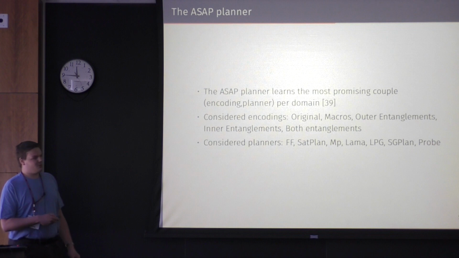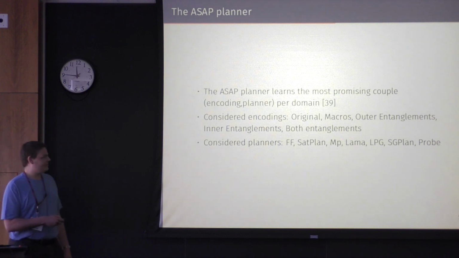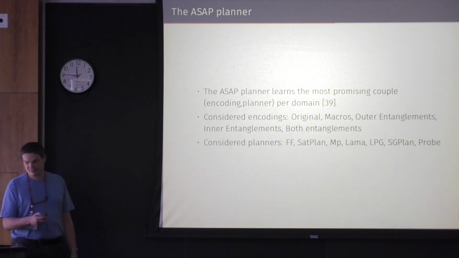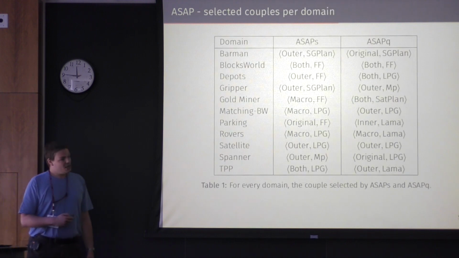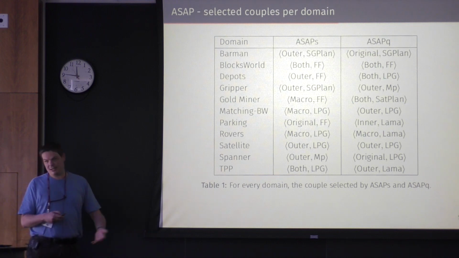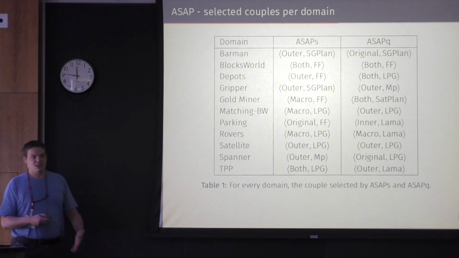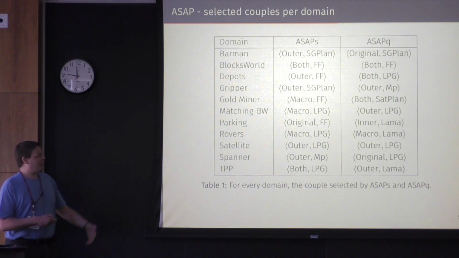We have the original domain model, we consider macro operators, outer entanglements, inner entanglements, and both together, and we considered state-of-the-art planners like FF, Satplan, MP, LAMA, LPG, SGPlan, and Probe. We aimed for either speed or quality. For speed, it means generating any plan as fast as possible, and for quality, like in IPC, we were given 30 minutes to generate the best plan possible.